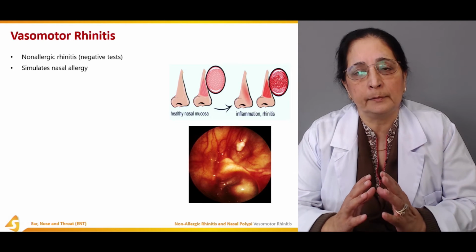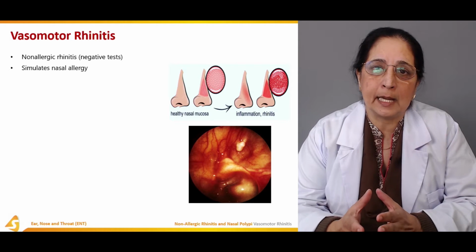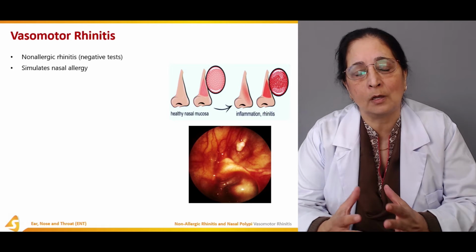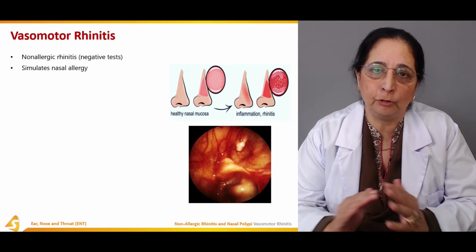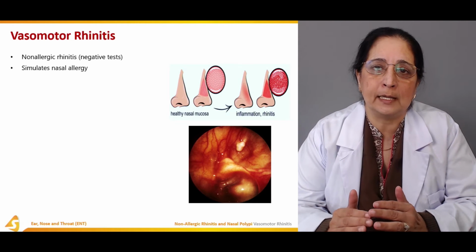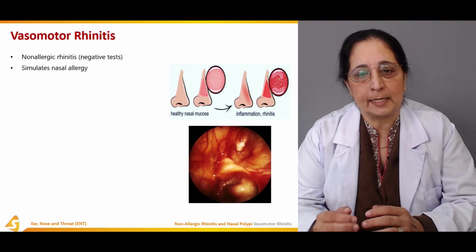Features are very similar to allergic rhinitis, but it's non-allergic. It's classified as non-allergic rhinitis because the pathogenesis that leads to its development is different from the allergic type of rhinitis.